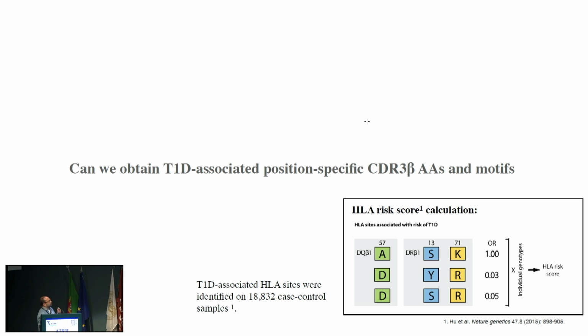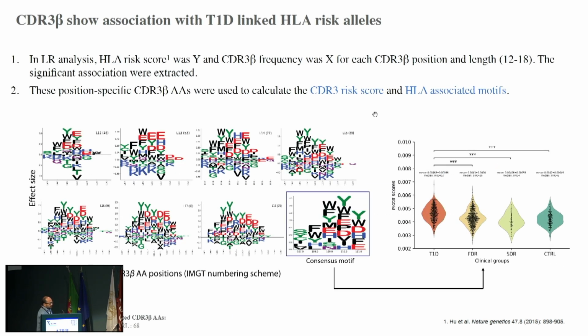Further, to take it a step further, based on a previous study on 18,000 case control samples, they found that there are 3 different positions on HLA which are linked with 90% of the phenotypes related to type 1 diabetes risk. So we used this HLA risk score to see if we can find the amino acids on the CDR3 beta sequences that are associated with type 1 diabetes based on genetic risk.